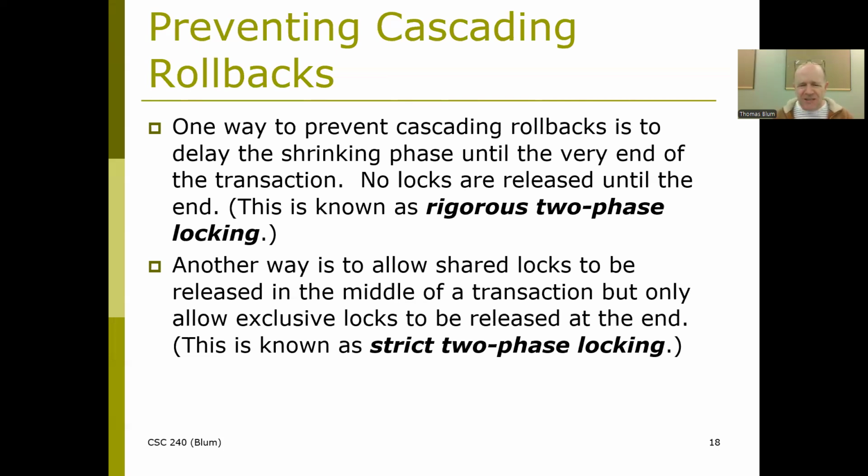You can allow shared locks. Another way is to treat the shared locks and the exclusive locks differently. If you are in your shrinking phase, you can start to give up your shared locks, but hold on to your exclusive locks until the very end.